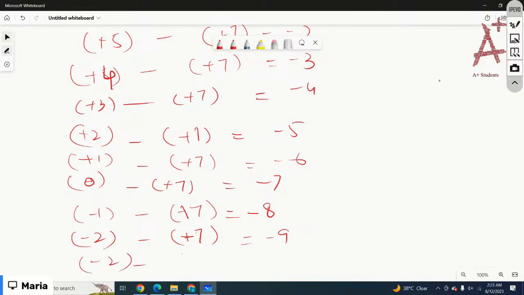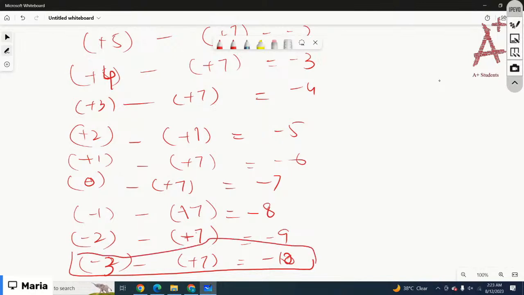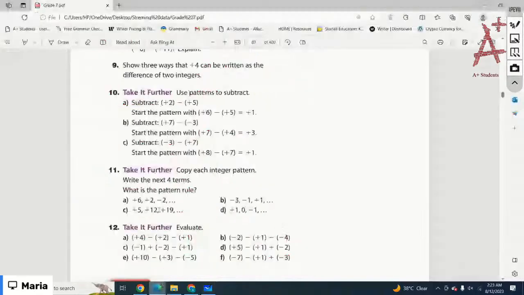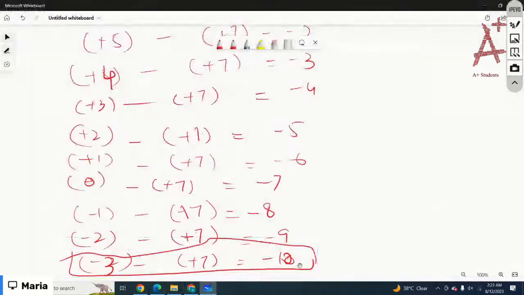Negative 3 minus positive 7, that would be negative 10. This is what you have to evaluate in the question. You can see here it is negative 3. You have to evaluate negative 3 minus positive 7, right? So negative 3 minus positive 7 equals negative 10.